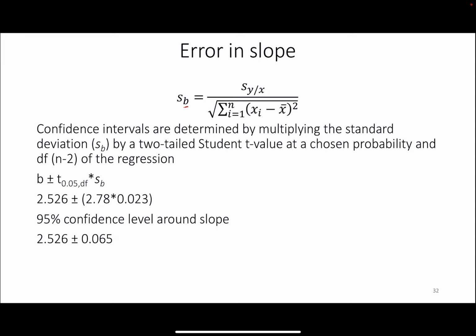And so you calculate that using this equation, and then you report your slope, which was 2.526, and then you use a confidence interval. So it's this calculated standard deviation times the value you get from a t-table. In this case, we've chosen a 95% confidence interval. And so you would report that your slope is 2.526 plus or minus 0.065. So it gives you a sense of how accurate your measurement of the slope is.